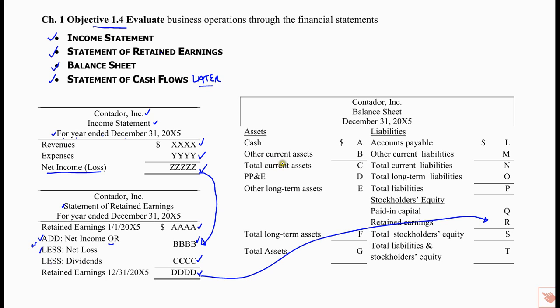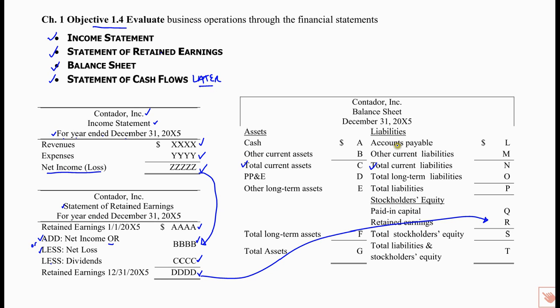The balance sheet, a couple things I'll point out here. Assets and liabilities will have current assets and current liabilities. Current assets are assets that could be converted to cash now or within the year, where payment will be received.